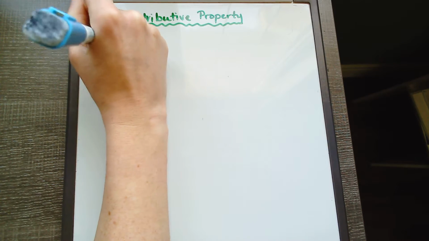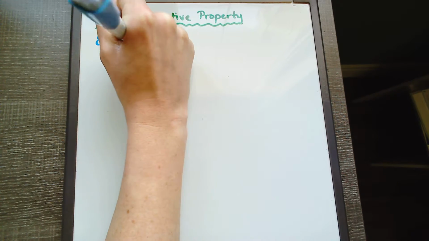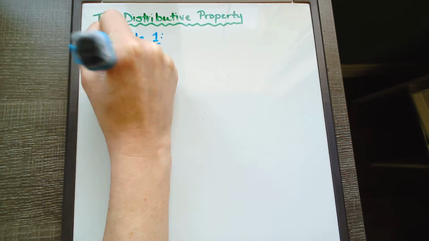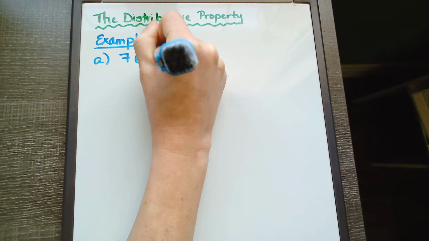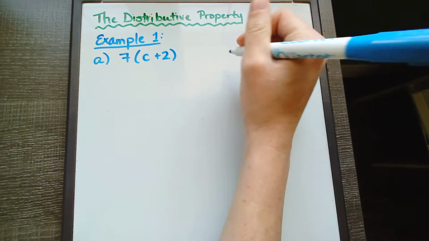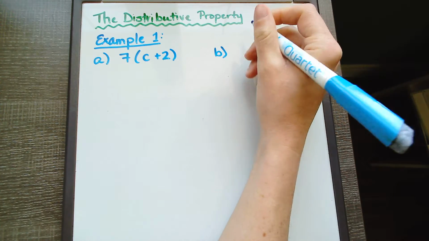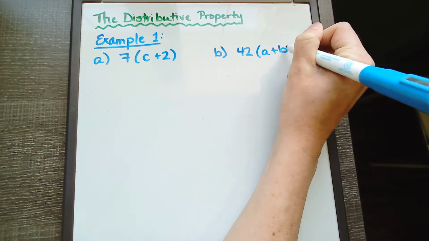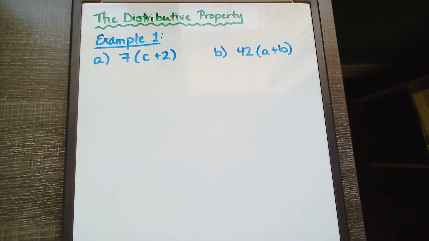So I have A, which is 7 bracket C plus 2, and B, which is 42 bracket A plus B. What I'm going to do with these, and I highly encourage you to draw these arrows, because it keeps you a little more organized. Eventually as you get older, you'll have more than just 2 things in here, maybe 4 or 5, so it helps you remember what you've done.